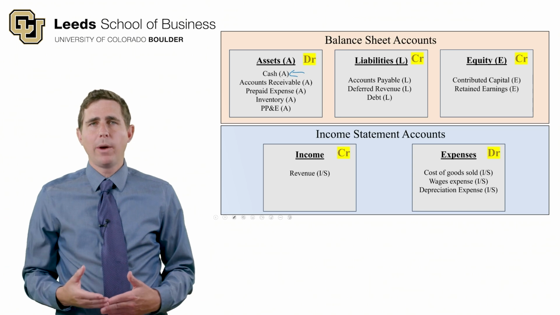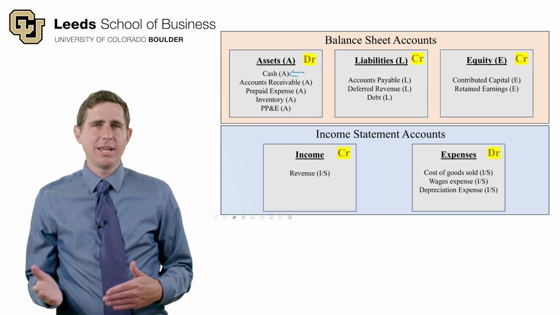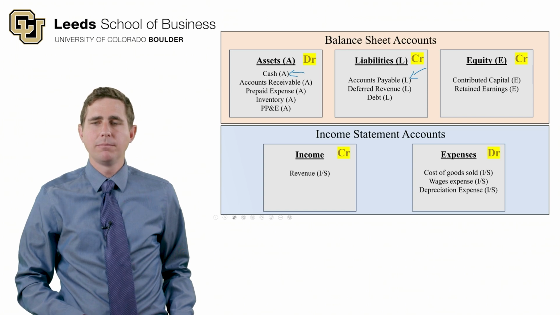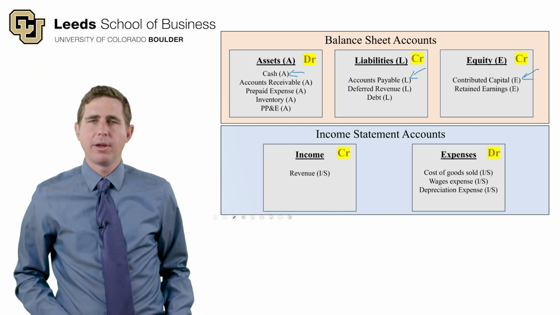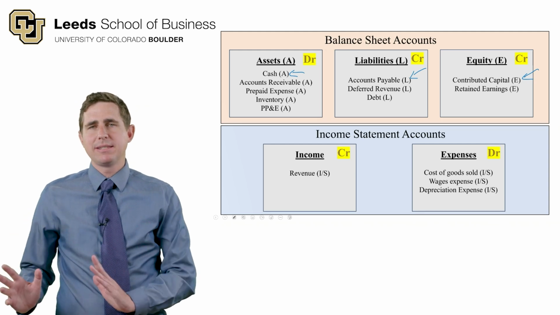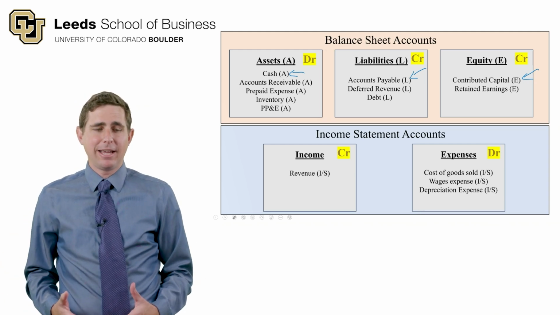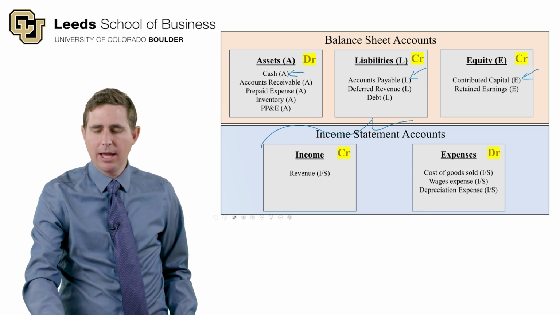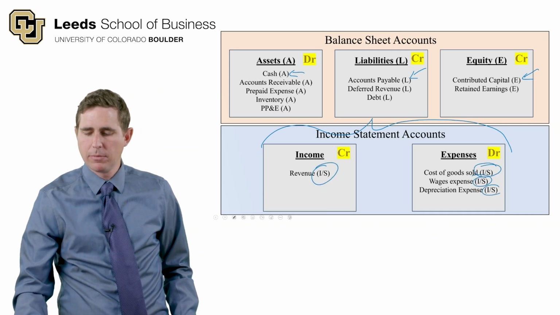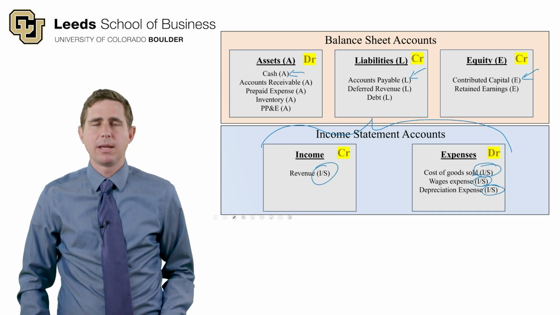And that's just a helpful way to remind yourself of what category each account is in. So for liability accounts, I'll put parentheses L. For equity accounts, I'll put parentheses E. And now I'm going to transition, rather than having income and expense accounts considered as different categories, I'm just going to lump them together. And I'm going to call these income statement accounts. So IS is what I'm going to say for these income statement accounts.